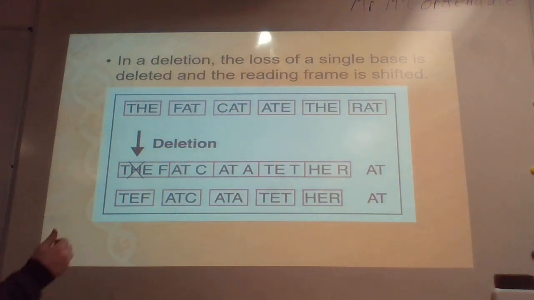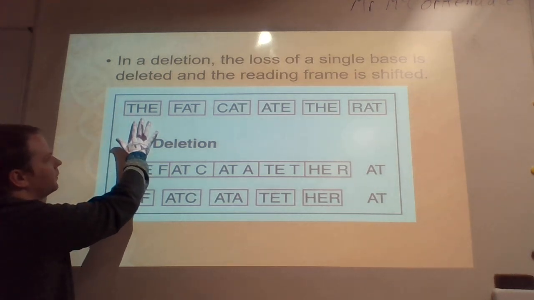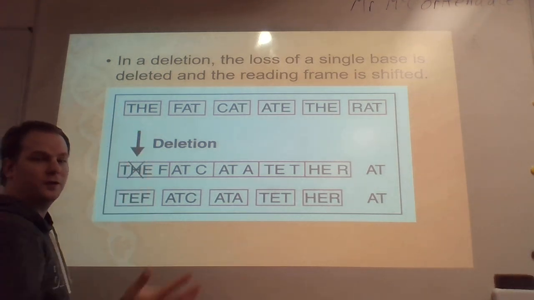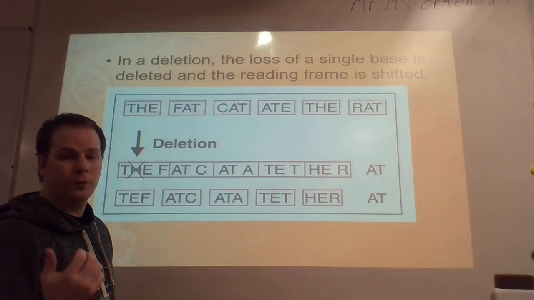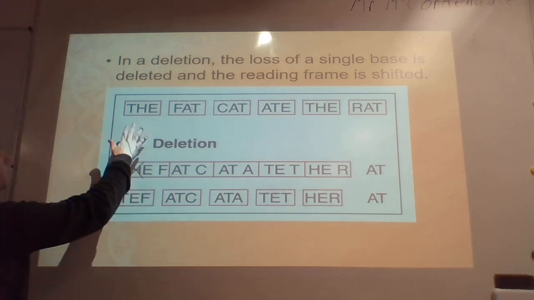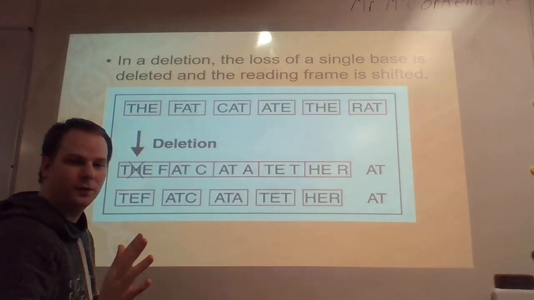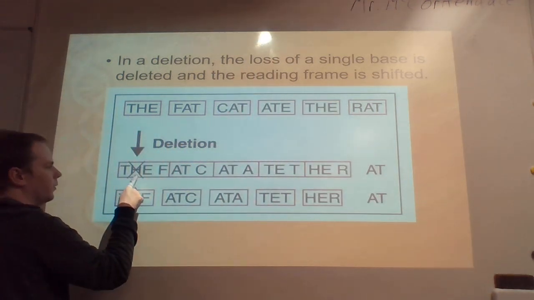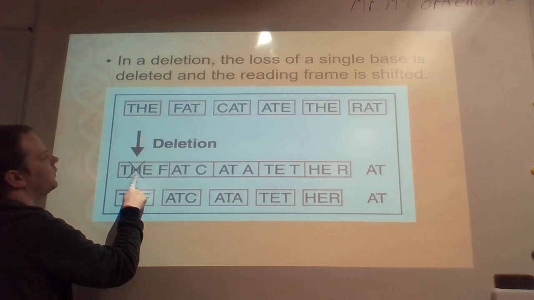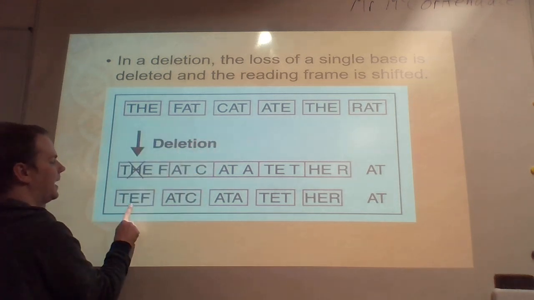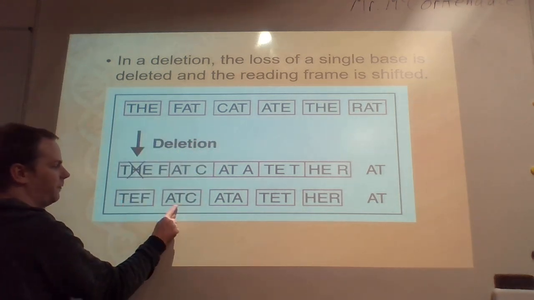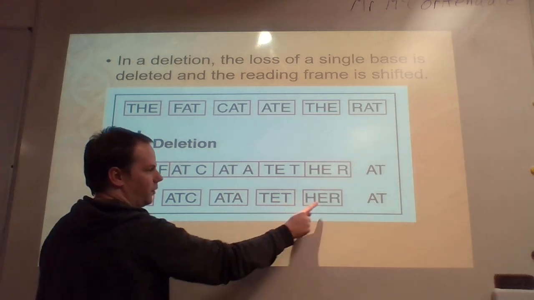So here's a good example. If we take the sentence where the sentence is the messenger RNA, and we remove a letter, so the fat cat ate the rat, that makes sense. But if we are missing the letter H, then instead of the fat cat ate the rat, our sentence becomes Tef atka ada tet her.